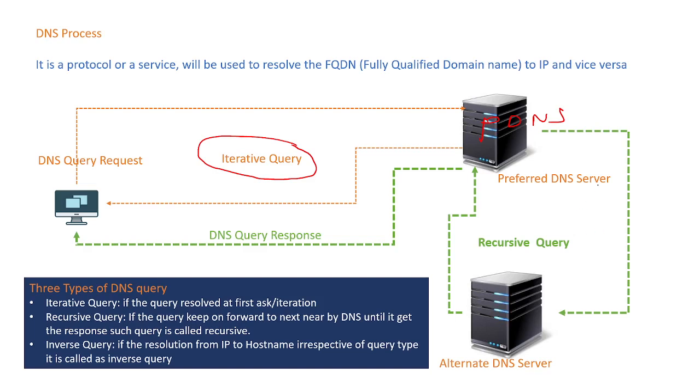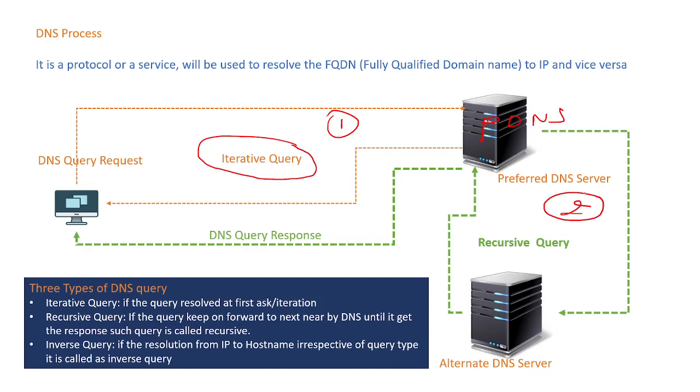So the query is forwarded from the preferred DNS server to the alternate DNS server. The query keeps on forwarding, meaning the query is reoccurring. So this is one query, and this loop, where the preferred DNS forwards to the alternate DNS, is another. Here the queries are reoccurring.